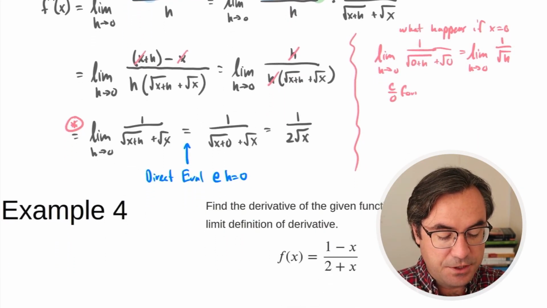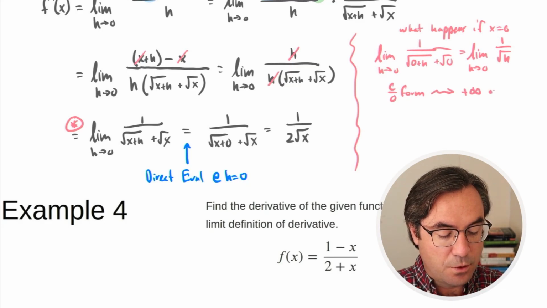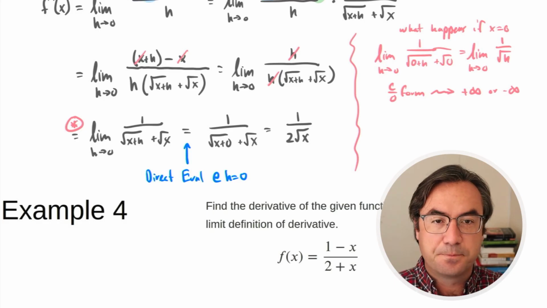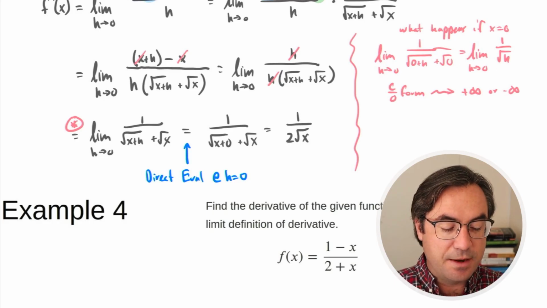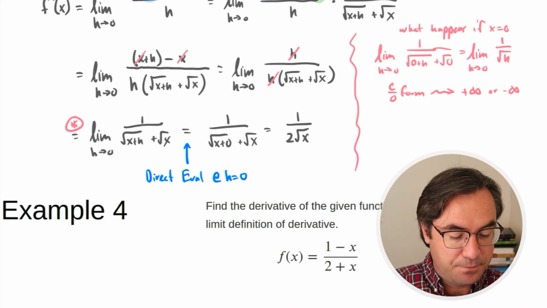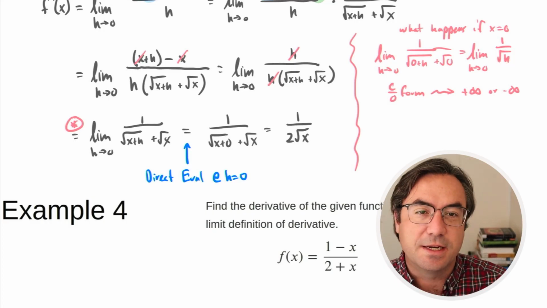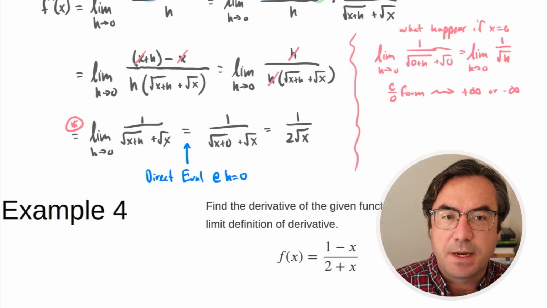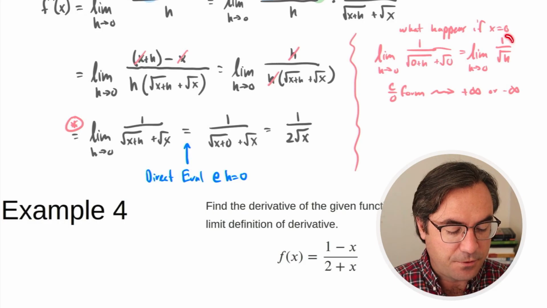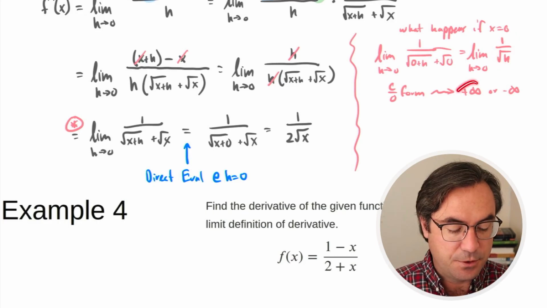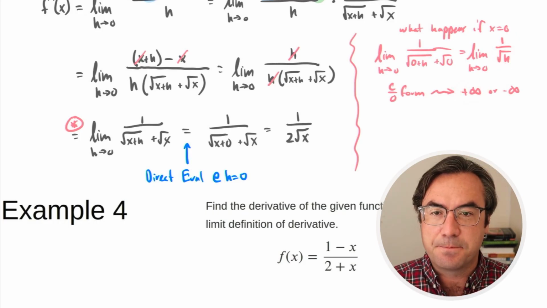And we know c over 0 forms are either plus infinity or minus infinity. And so we could use a test number, but actually we don't even really need a test number. Square root terms are always positive. So this fraction is always going to be positive, so we'd be approaching positive infinity.